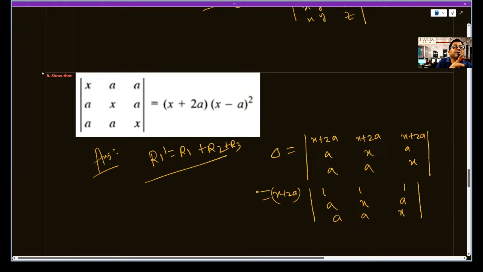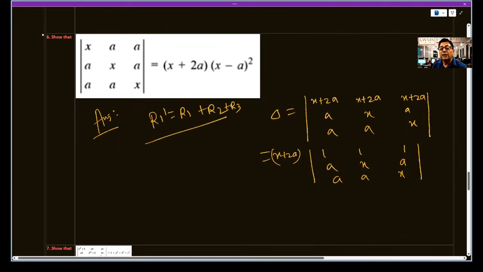Now there is an advantage of getting three 1s in a row or in a column. This one you can subtract from here and here.